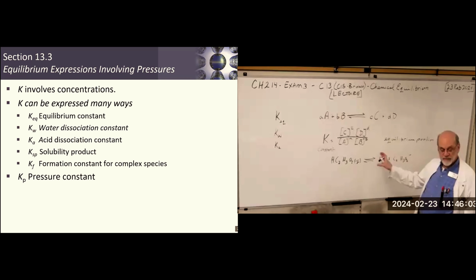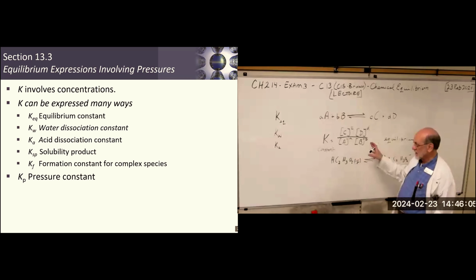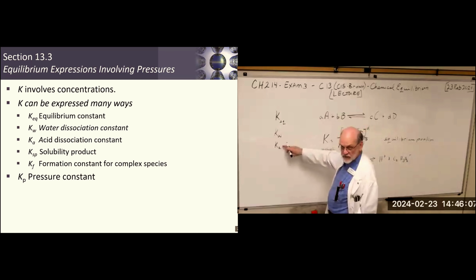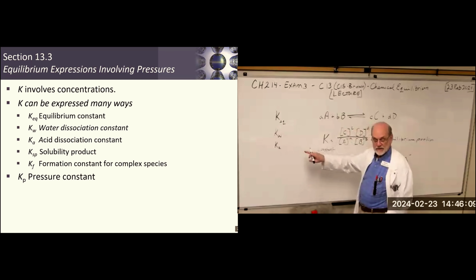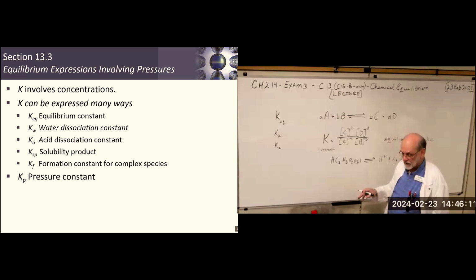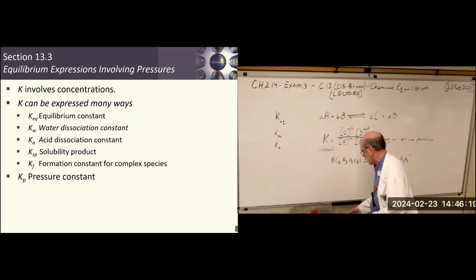That sets up an equilibrium also, and that will have a characteristic K value at a given temperature. In fact, in one of our labs, we're going to determine what that K is for acetic acid experimentally.